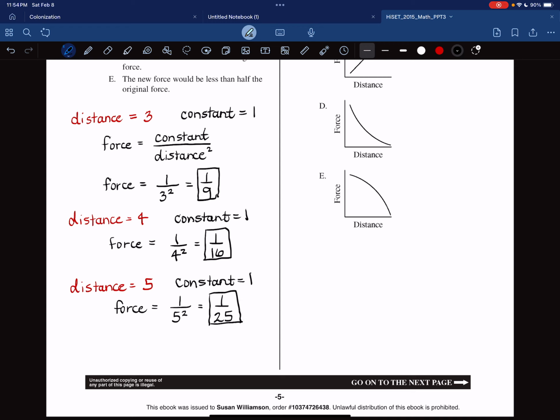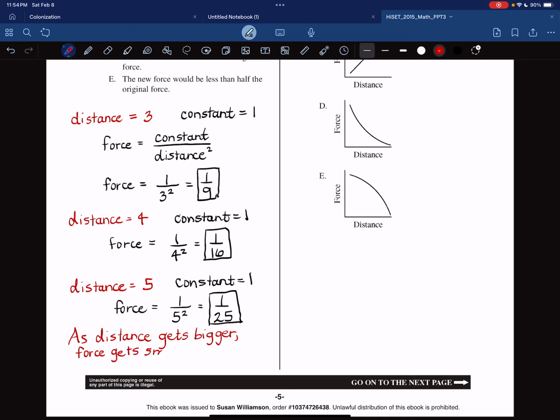So what this tells me, the conclusion that I can draw, as distance gets bigger, so as I let that distance grow, force gets smaller.